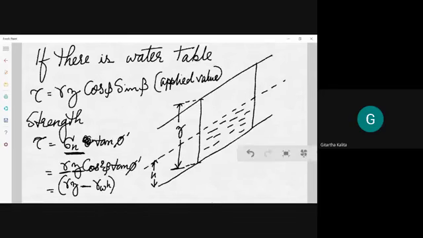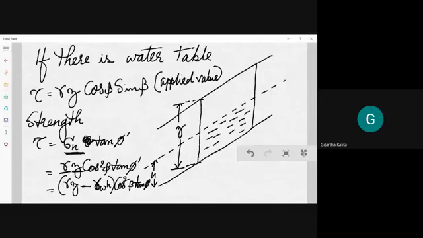Now we are simply subtracting the unit weight of water into depth of water from it, and because we reduce it, the strength gets reduced.